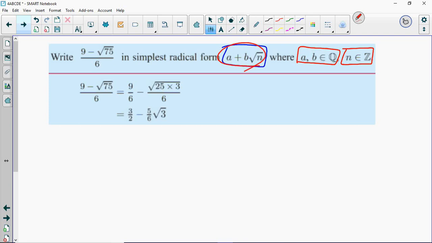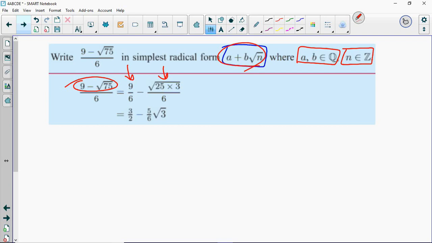Okay, so one way to do this is, since we've got a difference in the numerator, we can break up that fraction into two separate fractions, right? So we've just got 9 over 6 minus the square root of 75 over 6. But 75, we can simplify that to 25 times 3. And 25 is a perfect square. And the square root of 25 is just 5.